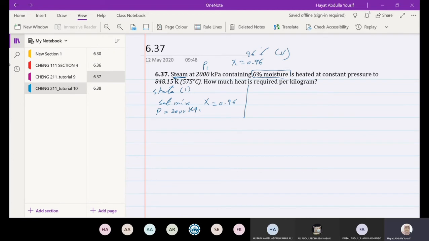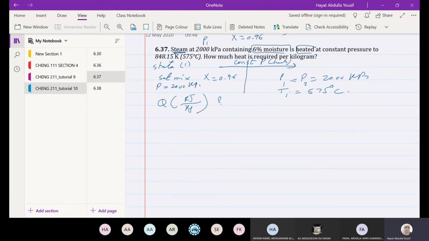For the final state, they said it is heated at constant pressure, so P2 is equal to P1, 2000 kilopascal, but the temperature is given as 575 degrees. They ask for the amount of heat per kilogram, in kilojoule per kilogram.